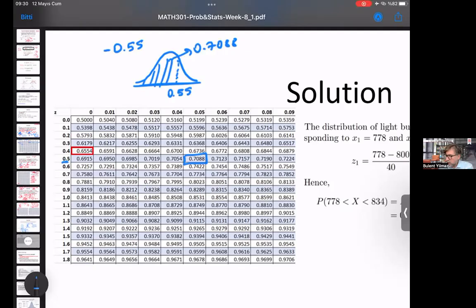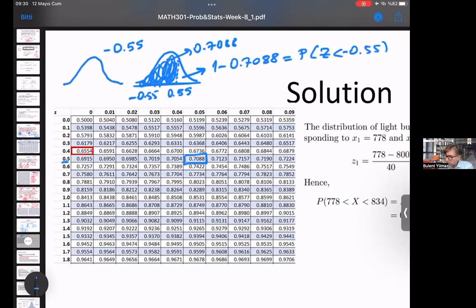How can I find minus 0.55? This is going to be 1 minus 0.7088, the probability of z less than 0.55. The table gives me this area.